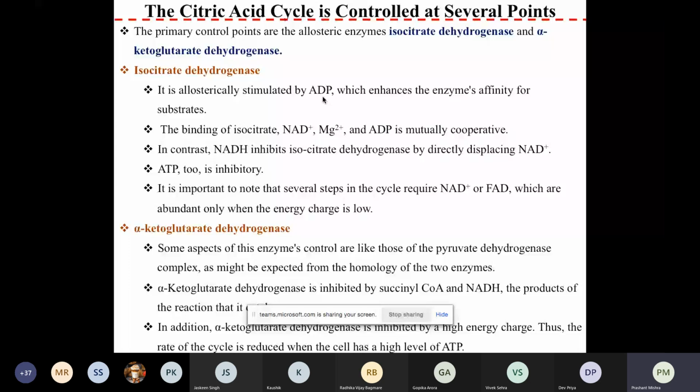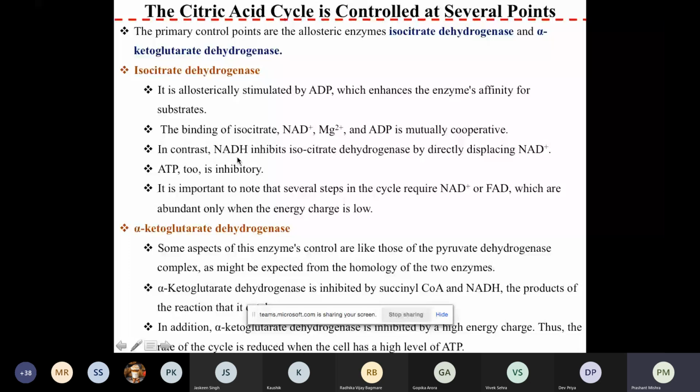So increased affinity of the enzyme means the enzyme will bind more with isocitrate, NAD plus, magnesium, and ADP, and ultimately what you will get is NADH. Now, if NADH is produced, it inhibits isocitrate dehydrogenase. And how does it do that? It does so by directly displacing NAD plus. Now, ATP is also inhibitory. So what are inhibitory? ATP, the product of the reaction, and NADH.